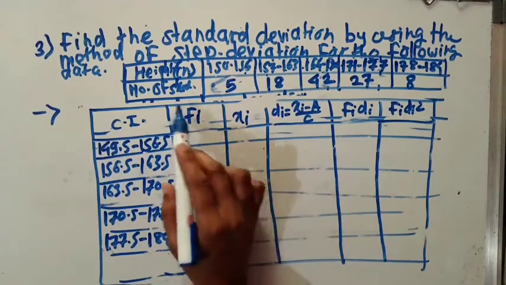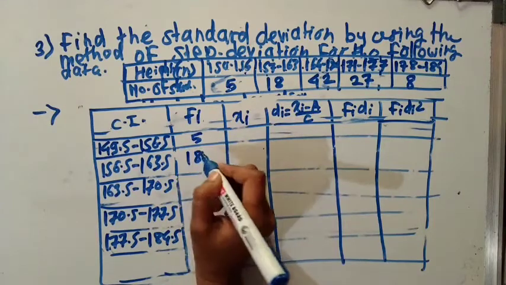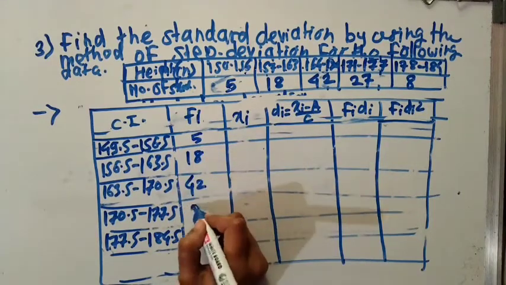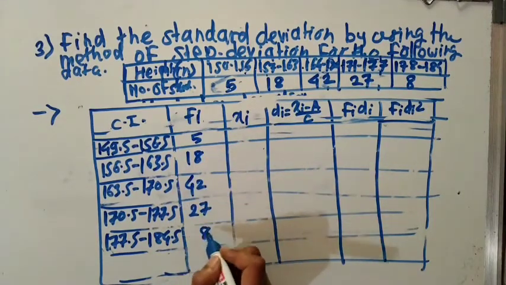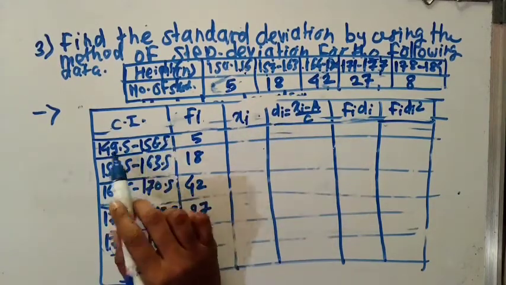Then write down fi, the number of students: 5, 18, 42, 27 and 8. Here xi is the mid value.